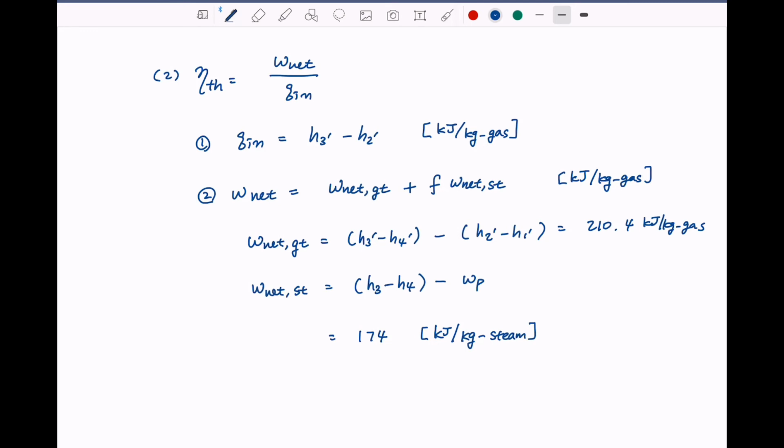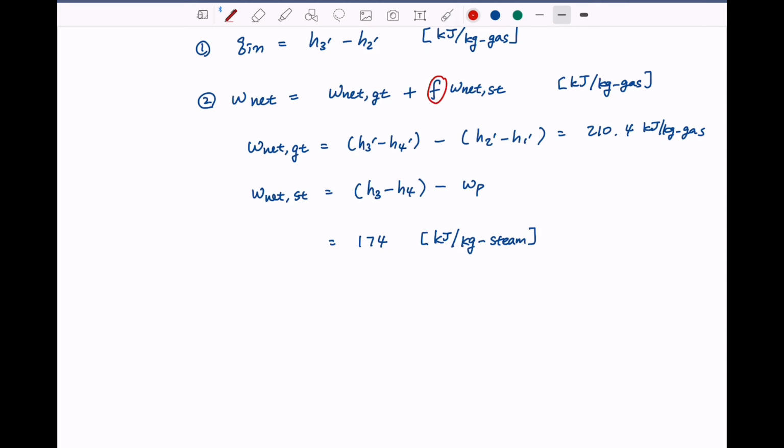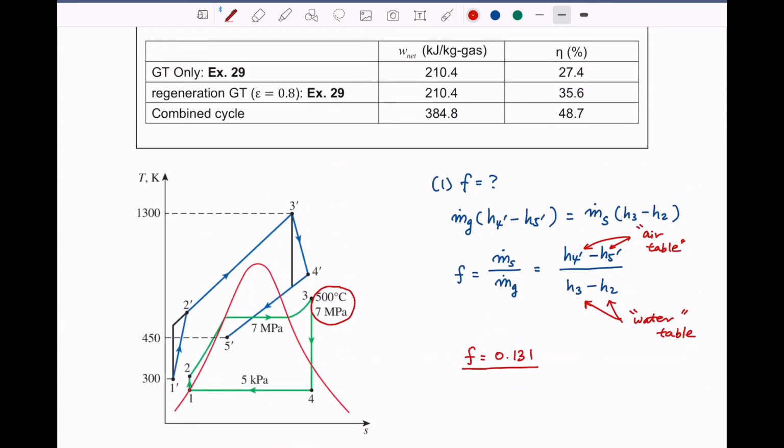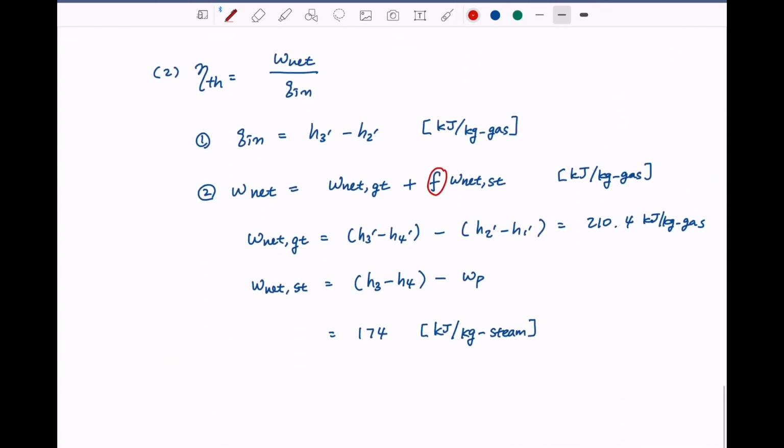So that is why we need to multiply F to change this unit to kilojoule per kilogram gas. Okay. So we already calculated 210, the net work from the gas turbine, and net work from the steam turbine. So we can calculate the thermal efficiency, which gives us 48.7%.